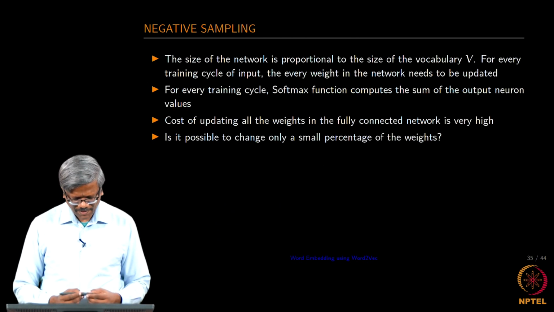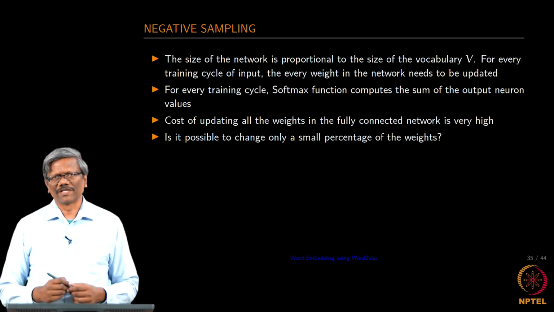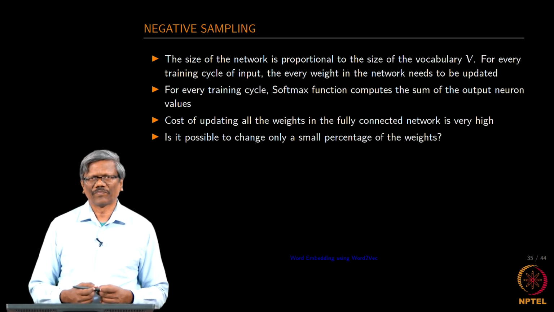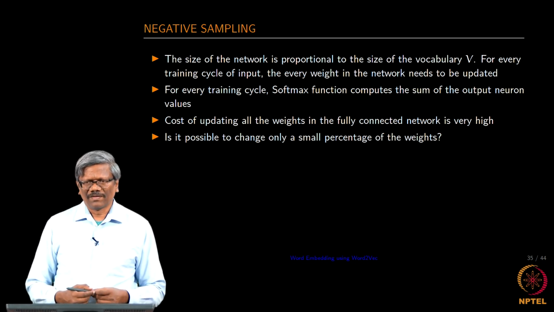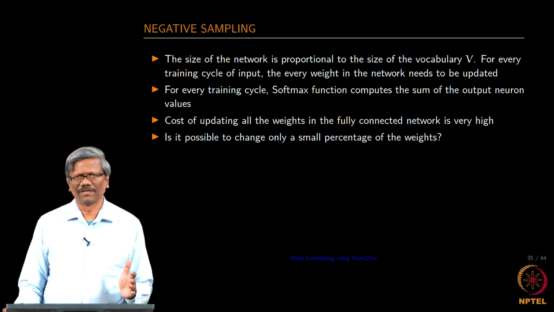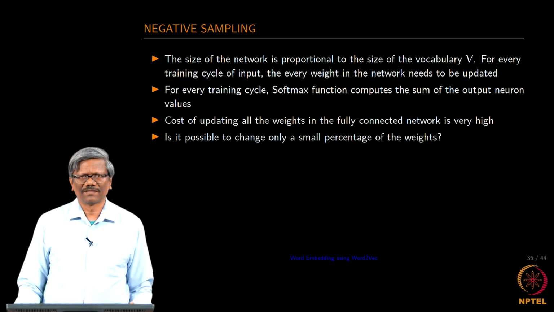There is another mechanism by which you want to minimize the computation. That is called negative sampling. I keep repeating this several times: the computations of this model are very huge when the vocabulary size is very large. Each and every weight update costs money.